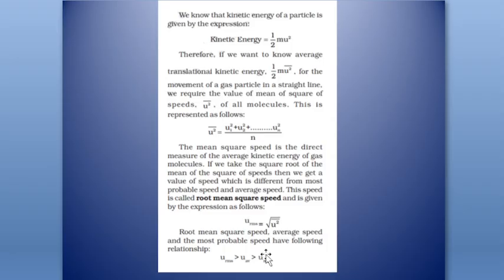We know that the kinetic energy of a particle is given by the expression 1/2 mu squared. So the translational kinetic energy is equal to half m u bar squared, where u bar is the average velocity. u bar square is equal to u1 square plus u2 square plus dot dot dot un square divided by n.